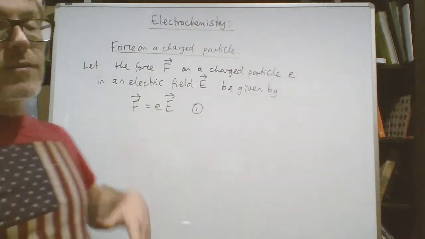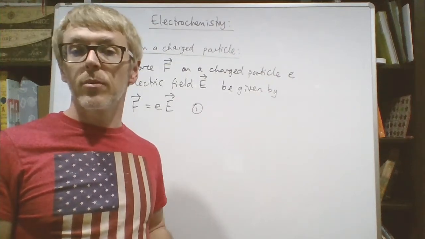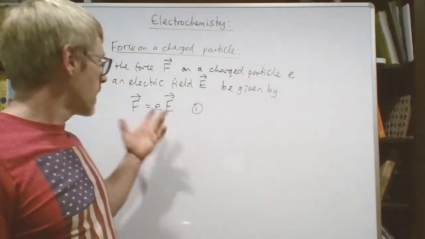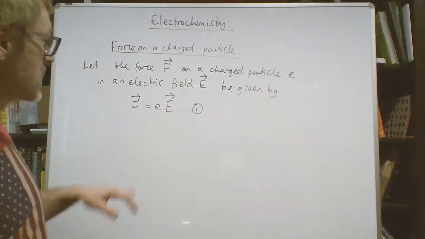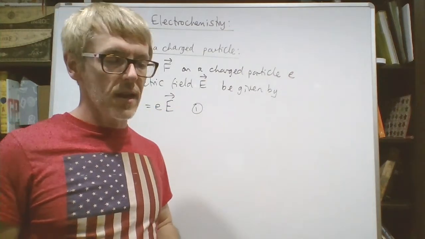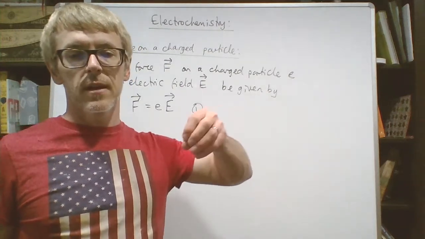So if you've seen my video on Joseph John Thomson's cathode ray tube experiment, then you'll have seen this equation before. If you haven't, then essentially we're just saying that an electric field is a vector field and it influences any charge.